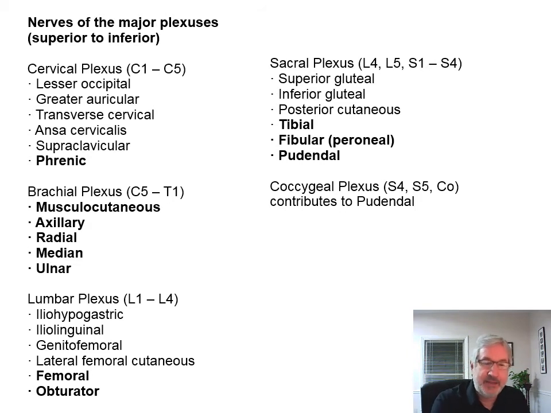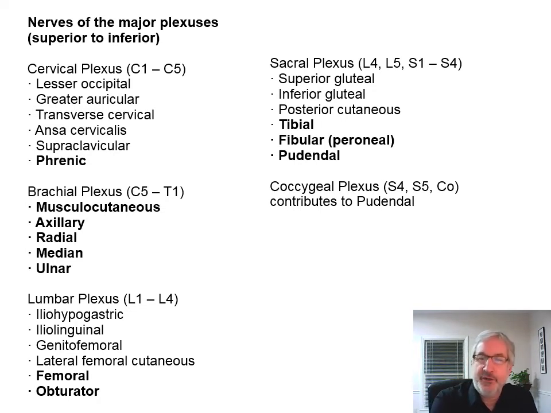The lumbar plexus has several nerves come out of it: the iliohypogastric, ilioinguinal, genitofemoral, lateral femoral cutaneous, and the femoral and the obturator. And the femoral and the obturator are the ones I want you to know. And the sacral plexus has 6 nerves coming out of it: superior gluteal, inferior gluteal, posterior femoral cutaneous.